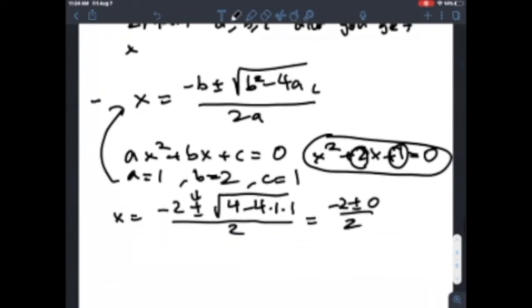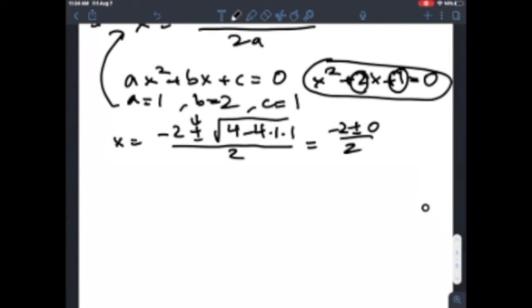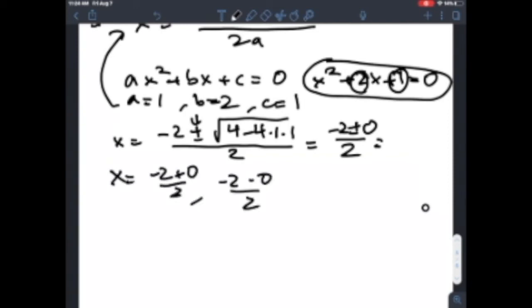So now we have negative 2 plus 0 over 2, and plus or minus, and then we know that x can be negative 2 plus 0 over 2, or negative 2 minus 0 over 2. So that's what plus or minus means. You can either plus or minus.